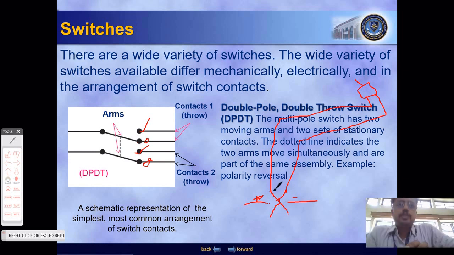So what will happen when we turn the switch this side? This positive will be connected to this left pole, and negative will be provided to the right pole. Suppose this makes a clockwise rotation in the motor.